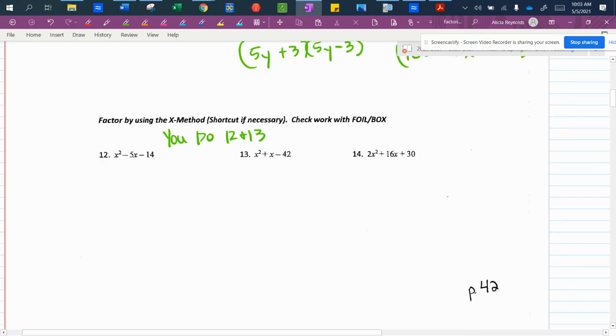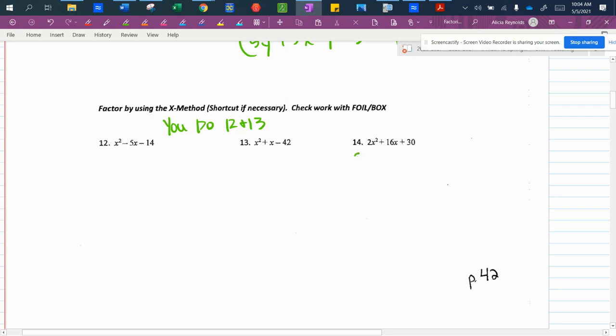14, we have a GCF of 2, and I'm left with x squared plus 8x plus 15. I'm trying to find numbers that multiply to my C term, which is 15, and add to my B term, which is 8.